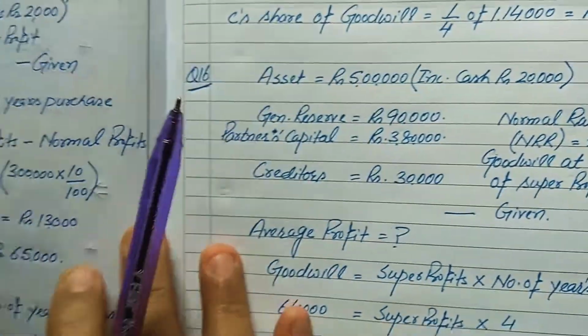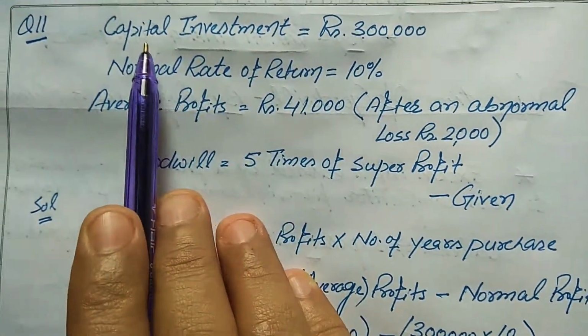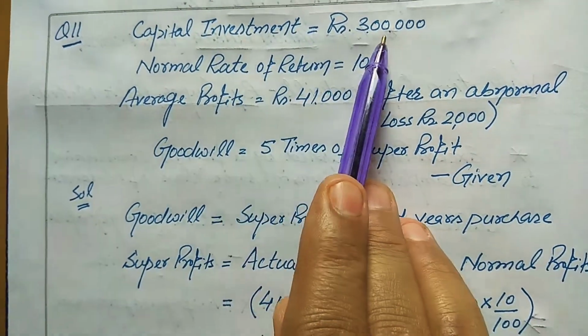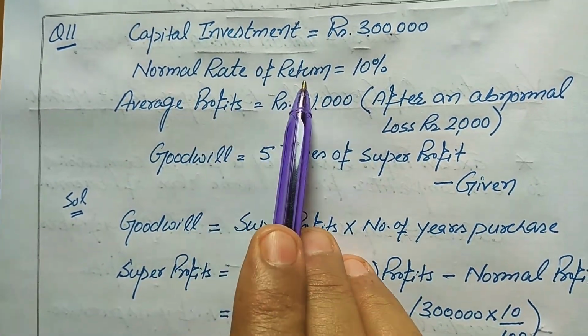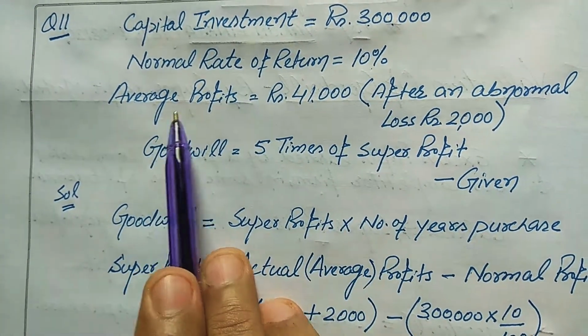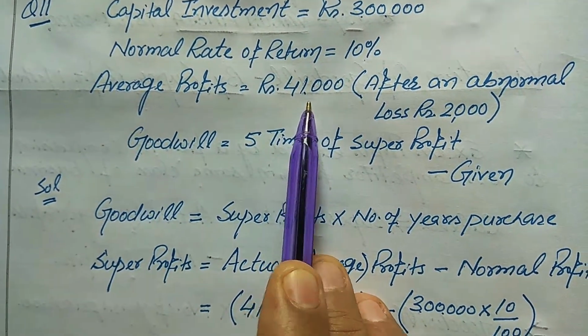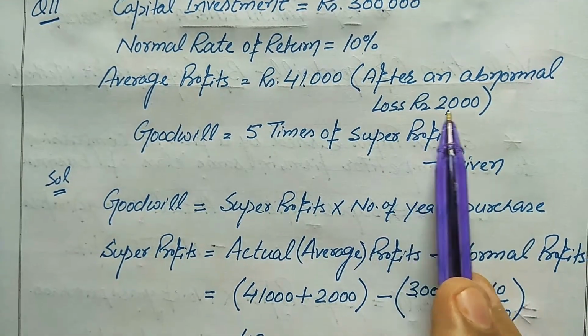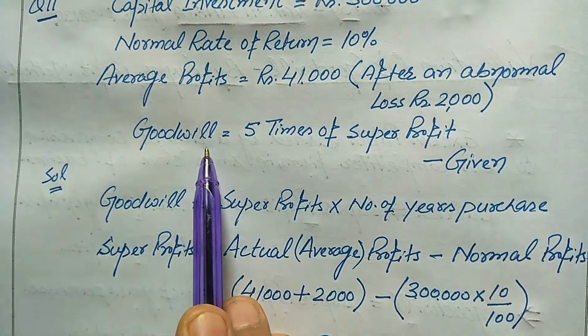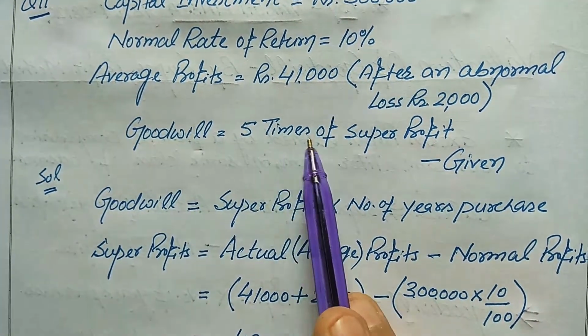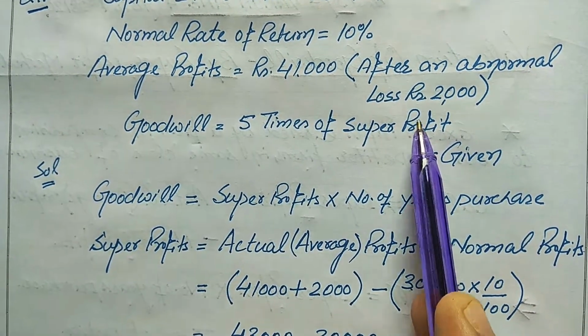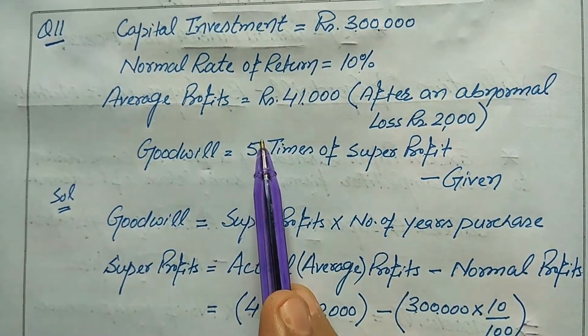Now the solution will be as follows. We have capital investment given in the question, rupees 3 lakh, normal rate of return 10%, average profits rupees 41,000 after an abnormal loss of rupees 2,000, and we have to calculate goodwill at 5 times of super profits. These are the information of the question.